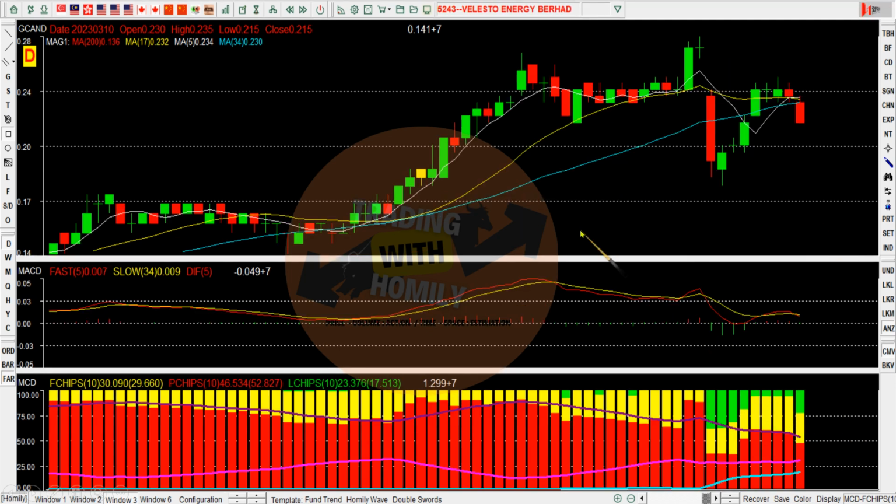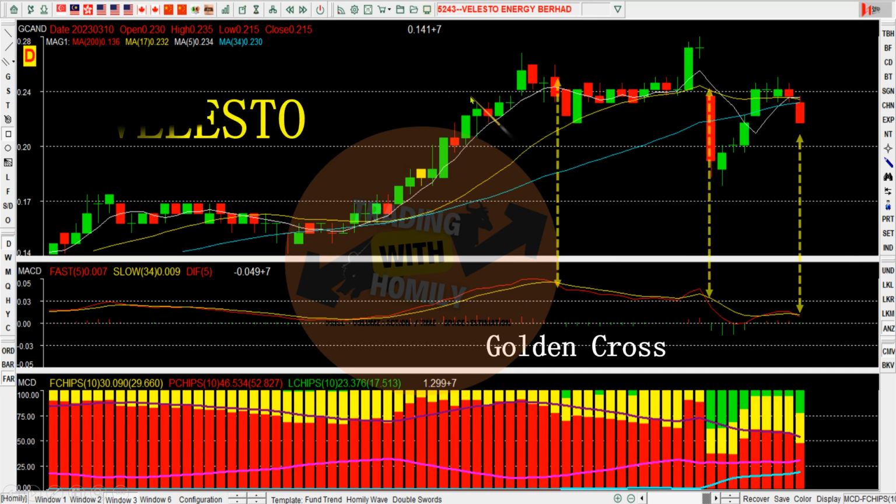The last one is Velocity. Also, this is an energy stock. Here, be careful. Why? First, we can see the price makes a higher high, but the indicator makes a lower high. So we call this a top divergence.